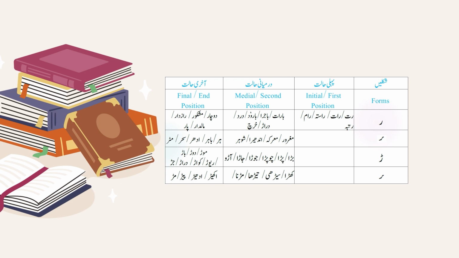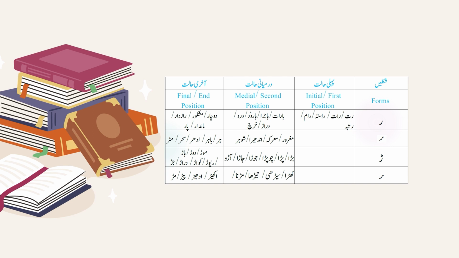This is the concept of it. So it is easy to identify Dal and Ray in their initial position. Dal will always work with full shape, and similarly Ray will always work with full shape in its initial or first position. It is easy to identify these alphabets in their initial positions. So we are seeing this Ray in full form.